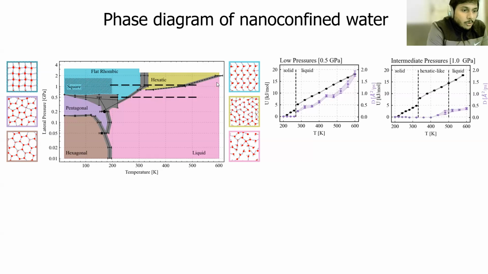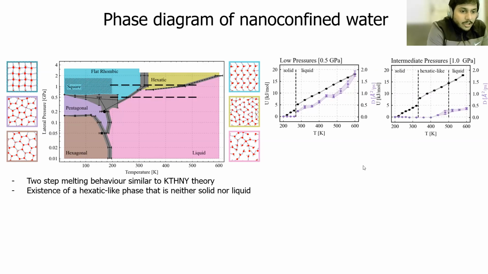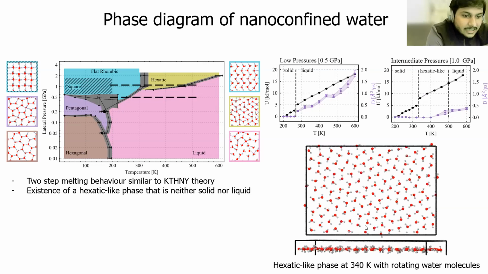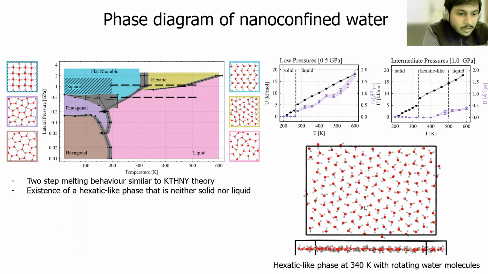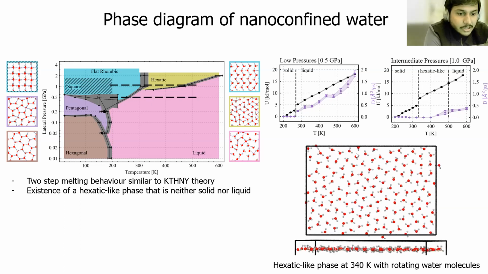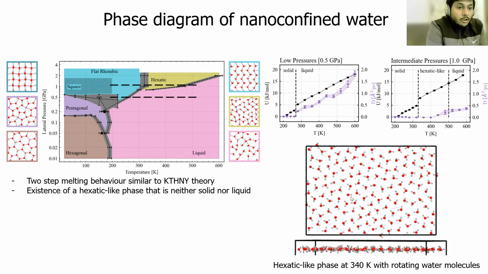So long story short, what we found is that water can also exhibit a so-called hexatic phase if you have a 2D lattice of water. If water is sandwiched between graphene sheets, it could potentially form this phase, which is characterized by being a disordered phase, but it's not like a liquid. In liquid, you would have an overall flow of water molecules.